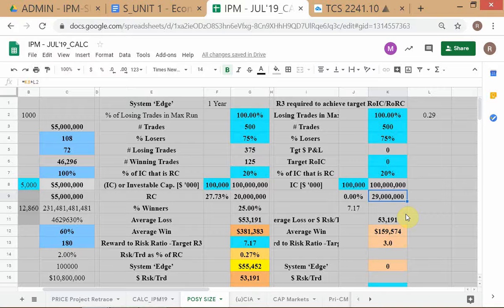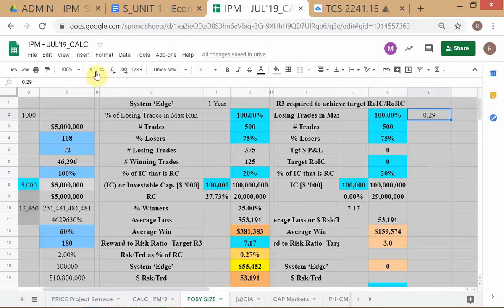Is this clear? Usually there's a discussion that happens like this, but it's kind of stupid because you don't have any control over it, but still this is a discussion that happens. So one of the legitimate questions that arises is, if I have to achieve a 29% return on capital, why, I thought I made this thing here.